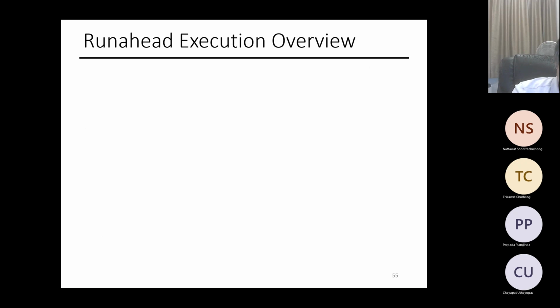And here's the overview. Basically, let's say you have a processor running, right? So it's running. And say you have a load right here, and you basically have to stall because you're waiting for the data, right?